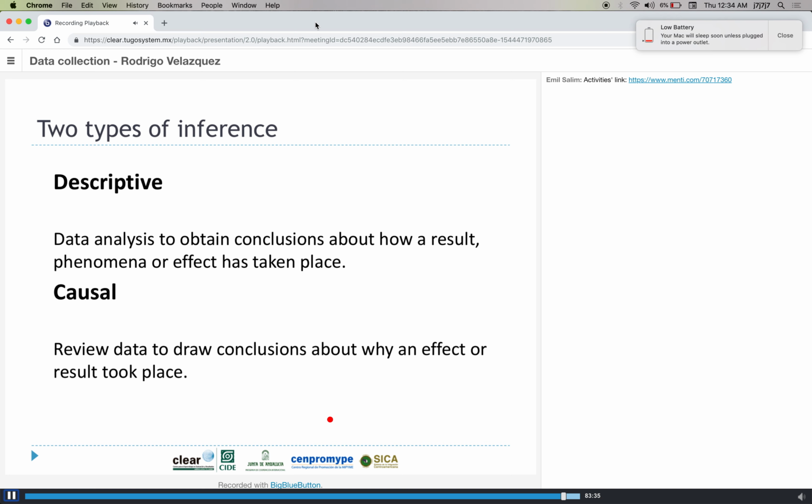So generally, the inferences that we make when we establish a theory of change, and the evidence that we collect to support this theory, is causal, because we see that when we increase some variables or indicators concerning some variables, we can obtain a change in the result that we want to achieve, or in maybe the problem that we want to solve.